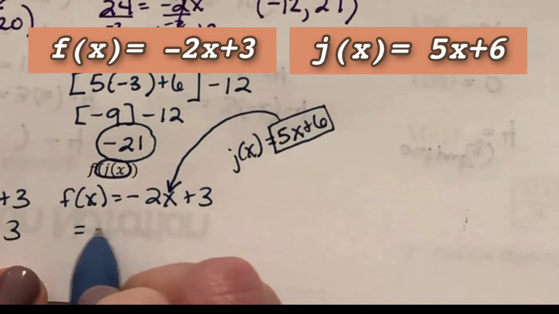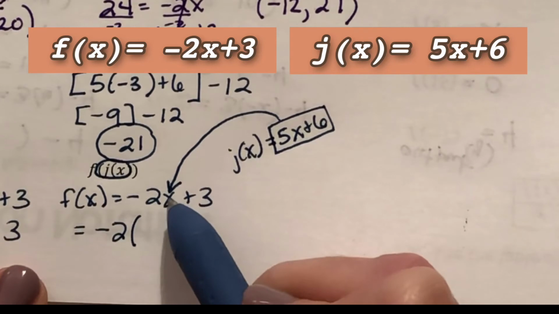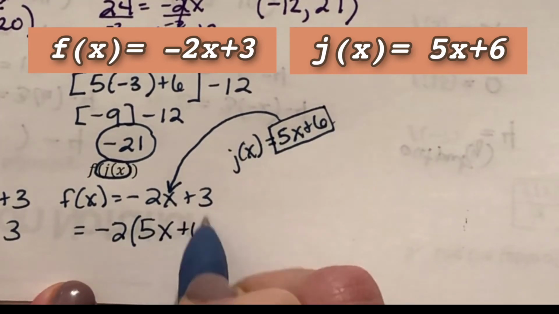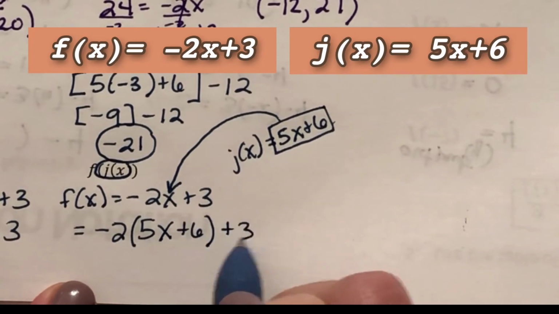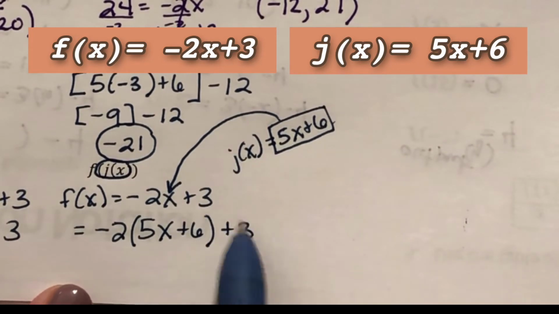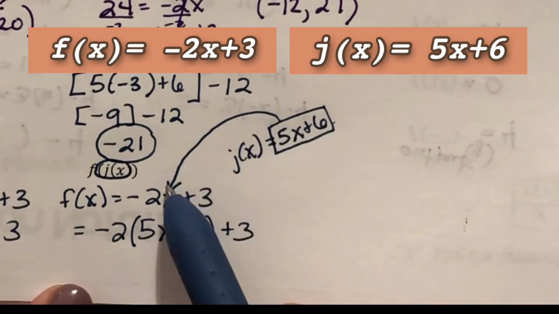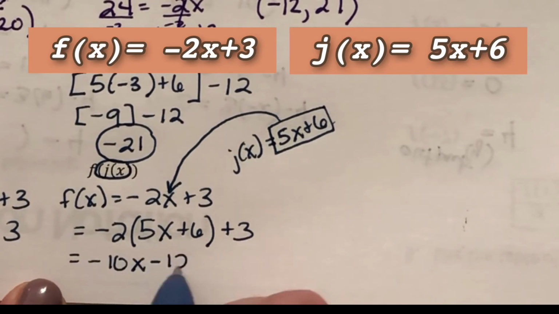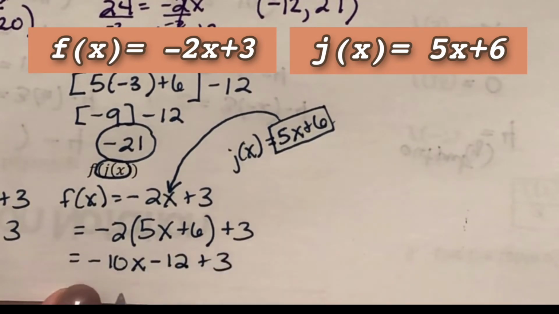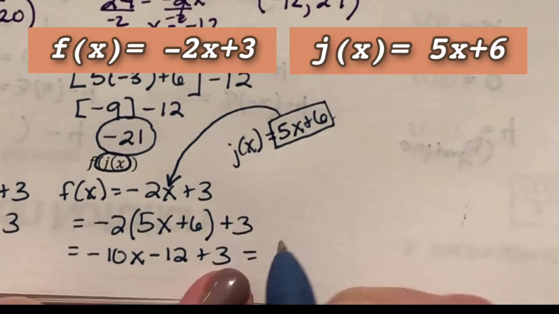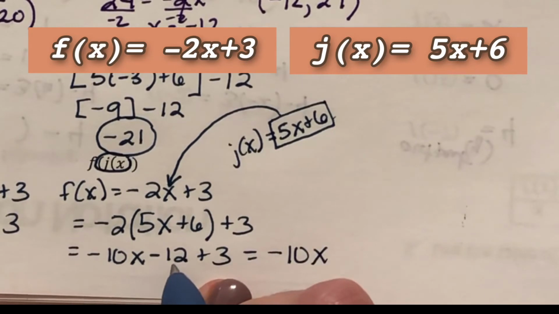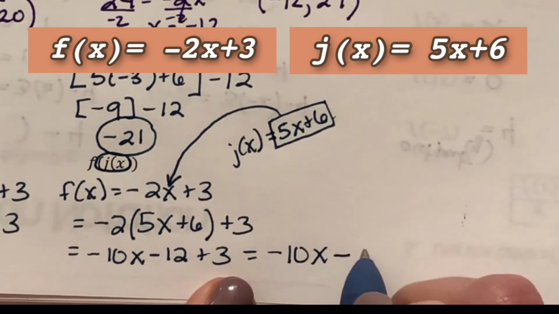So that equals negative 2 times, instead of x, I have this right here, 5x plus 6, and then my plus 3 over here. So here I inputted 5x plus 6 in for x, and now I'm just going to simplify. I get negative 10x minus 12 plus 3, and I get negative 10x, and then negative 12 and a positive 3 is negative 9.